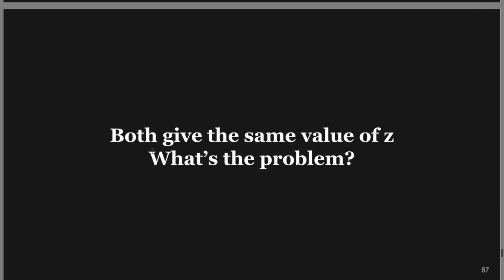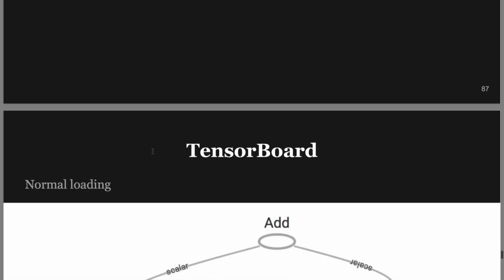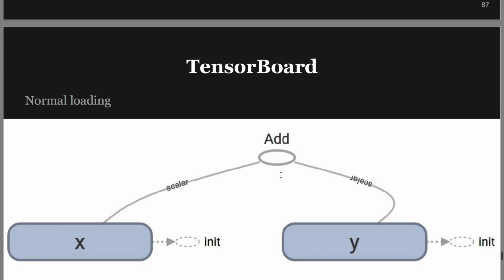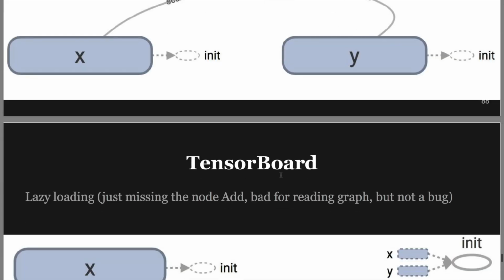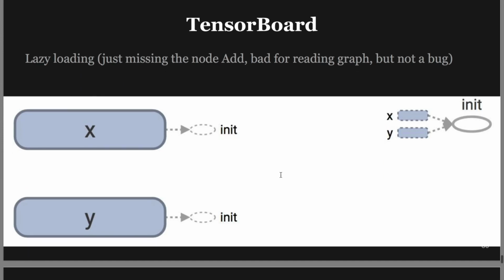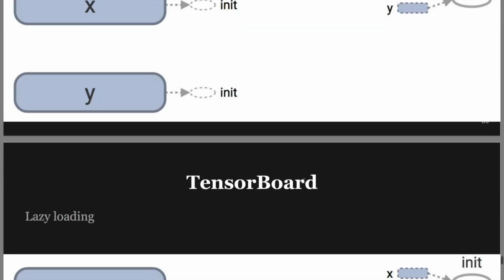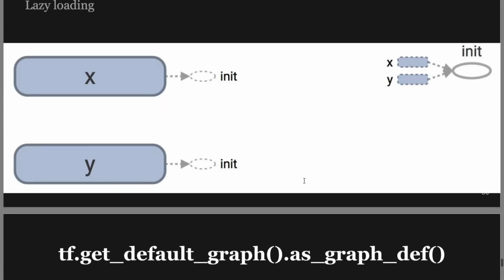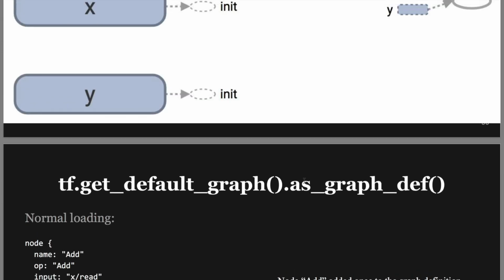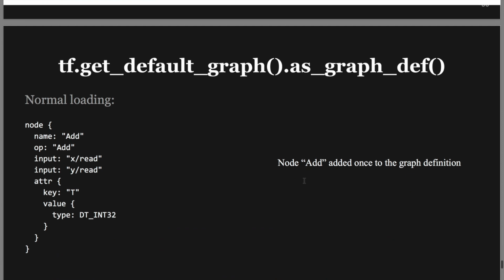Now the problem is that in the normal loading, this add node was added just once in the graph, right? And in lazy loading, this was the graph before execution, and as you start executing it, you'll have multiple add nodes.